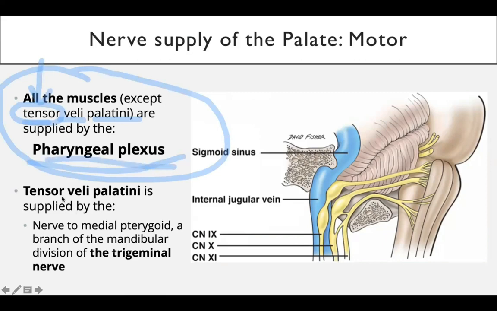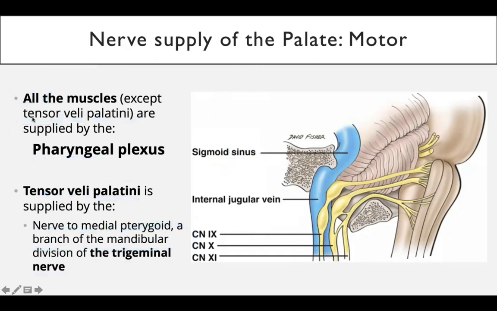So what is it supplied by? The trigeminal nerve, the mandibular region. Okay, we agree, we remember that.